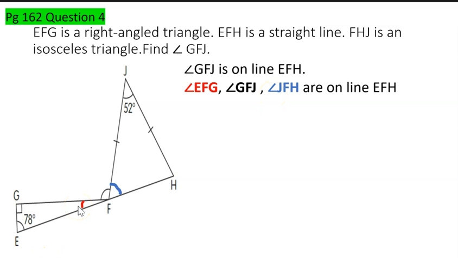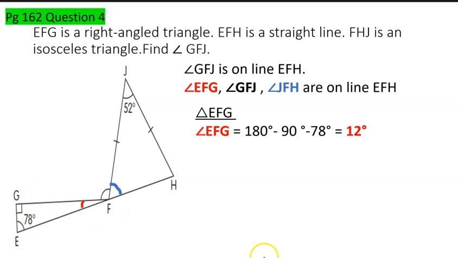Let's look at angle EFG. Angle EFG is part of the triangle EFG. By using the sum of angles in a triangle, we can find the angle EFG, and that is 12 degrees. Now, let's move on to angle JFH.